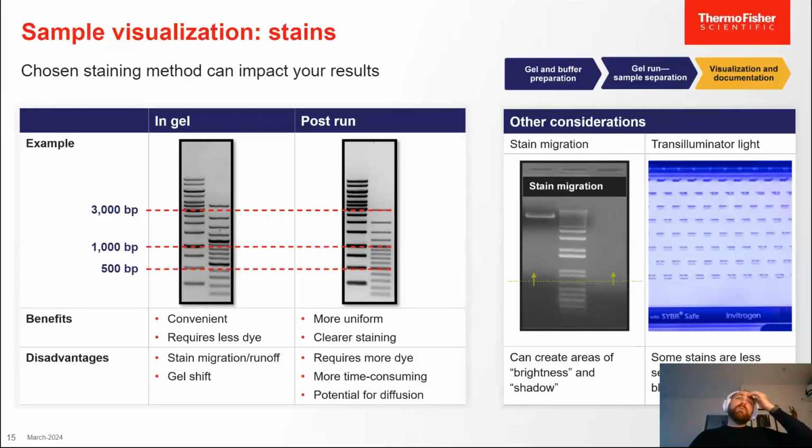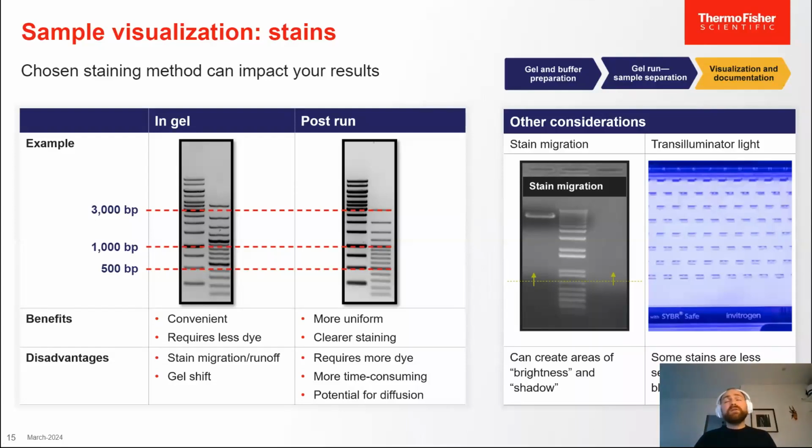Additionally, when visualizing your DNA sample, as I mentioned, you have two different ways to stain your electrophoresis gel to visualize DNA. This is to add the stain during the preparation of the gel, so it would be within the gel, or to actually do a post-stain.